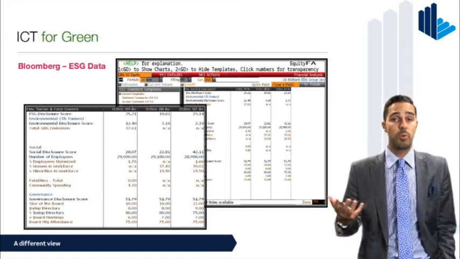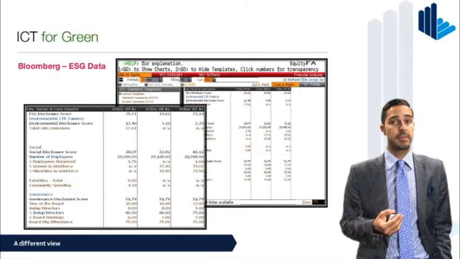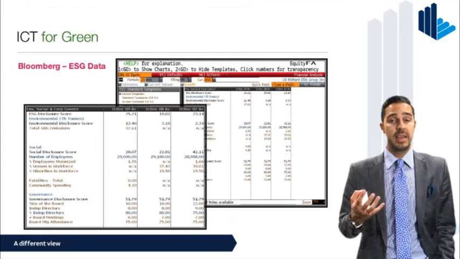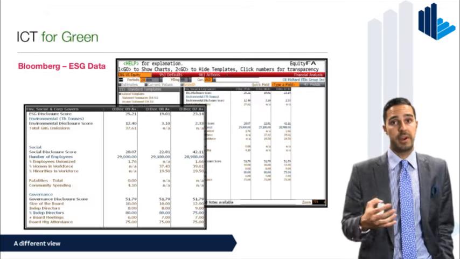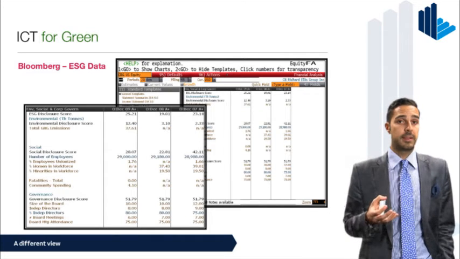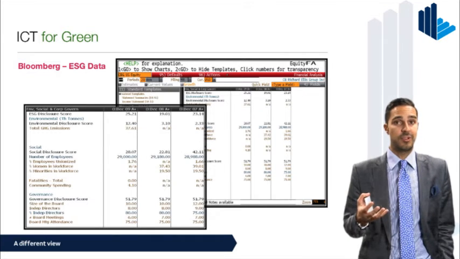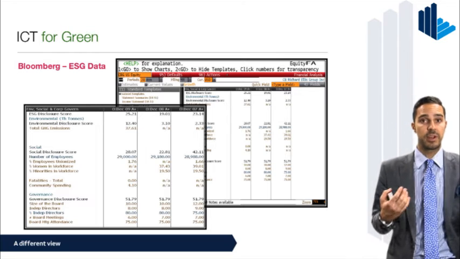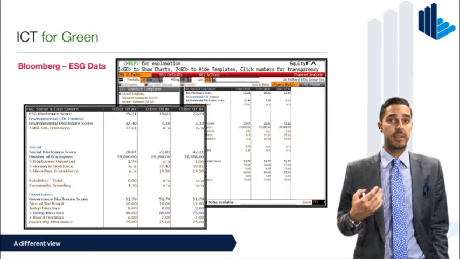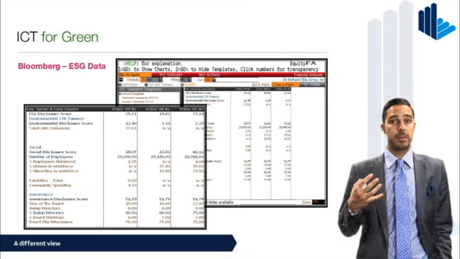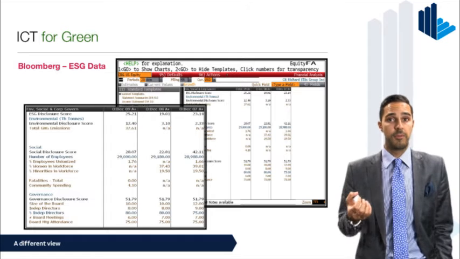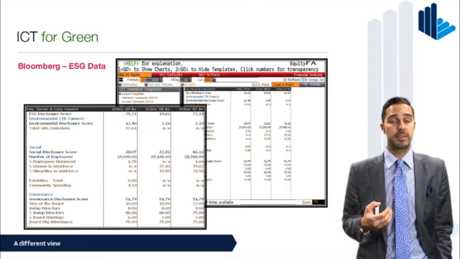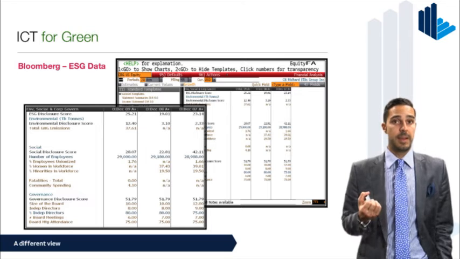And Bloomberg was the first mover in this context by developing a module, part of their platform, that is called ESG data, environmental, social and governance data, where they present performance indicators related to sustainability for large companies worldwide.